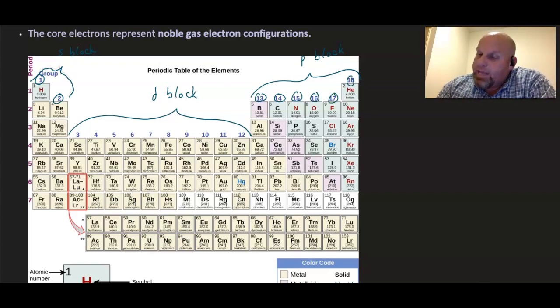And the D can hold 10, 1, 2, 3, 4, 5, 6, 7, 8, 9, 10 groups. We said there's 7 energy levels. You'll notice here I have 7 periods in the periodic table.